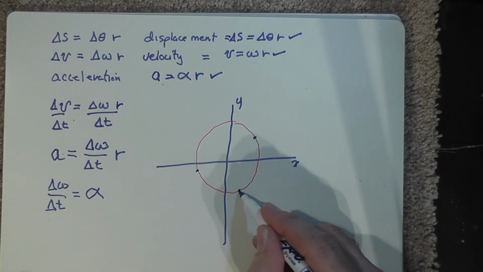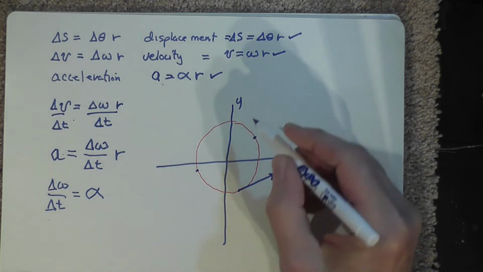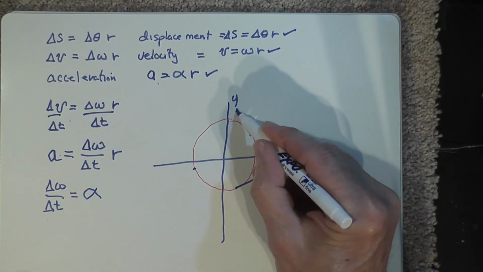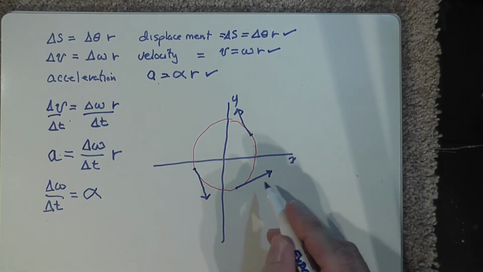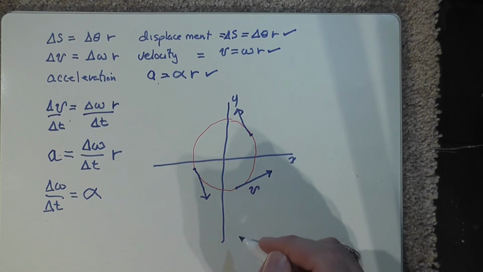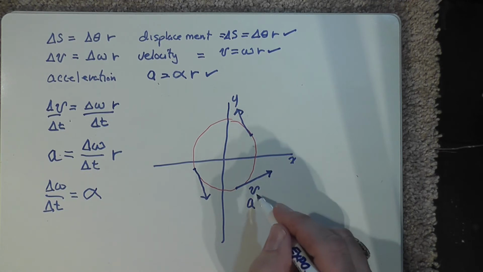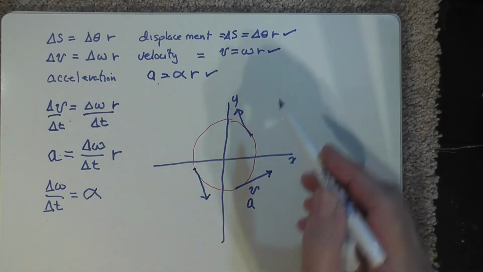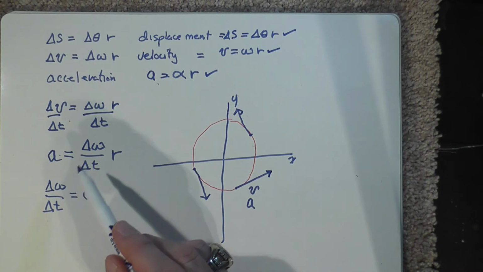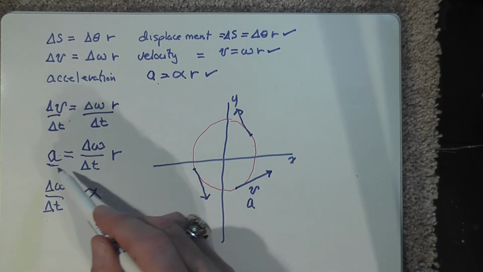And we draw a vector going straight off tangent to the rotation. Okay, these are the velocity vectors and also the acceleration vectors. Not omega and not alpha, but these are tangential velocity. So when we go back and we're talking about the acceleration right here, that is the vector, okay?